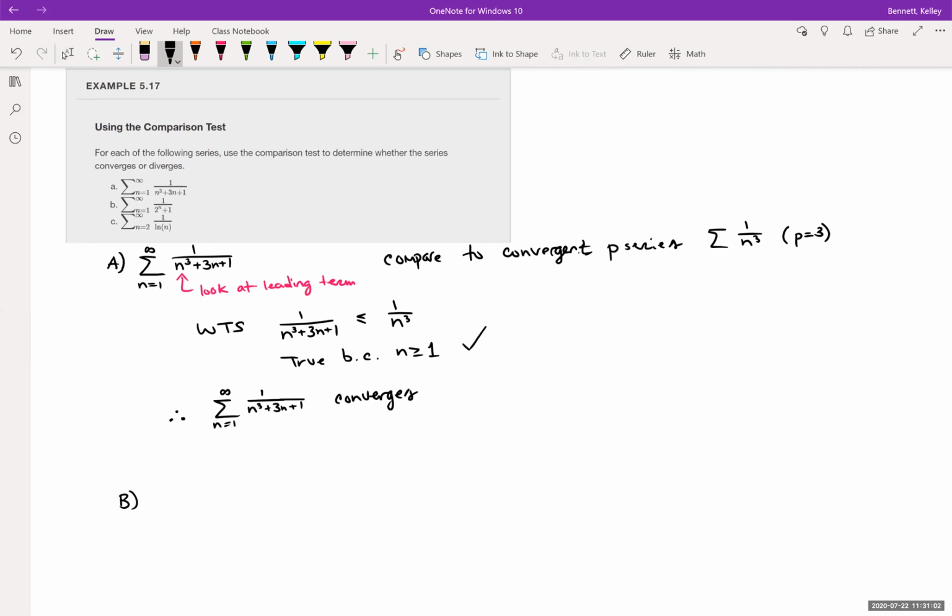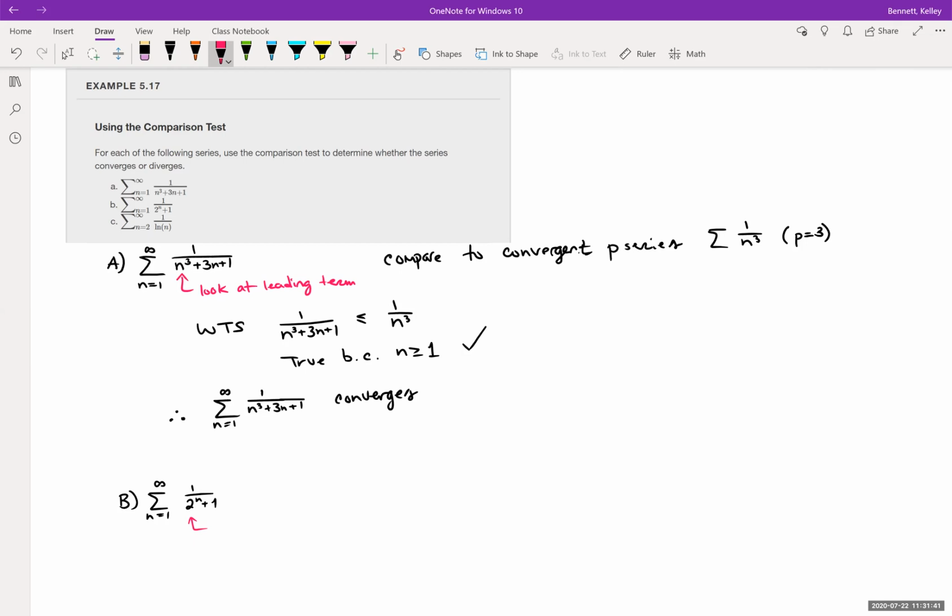For B, you want to look at the thing that kind of does all the work. Like 2 to the n is making everything happen. The +1, total freeloader, not doing anything, not helpful. It's not going to change whether or not it converges or diverges. The 2 to the n is what's making the denominator really large, which is going to drive the terms in the summand down to 0.